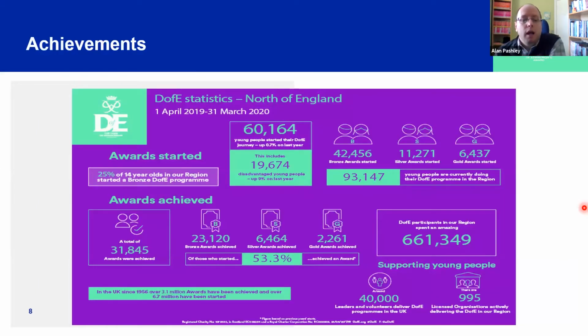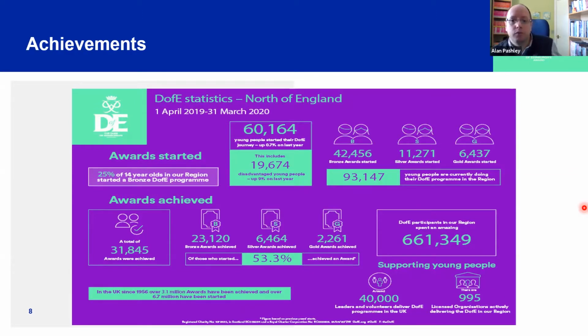So here we've got a little bit about our shape and form and our achievements in the north of England. That's the area of the UK that I have responsibility for adult training and expedition programmes. You can see we've got about 25% of 14-year-olds in the North region who started their Bronze programme in the last year, so we're really pleased with that result.